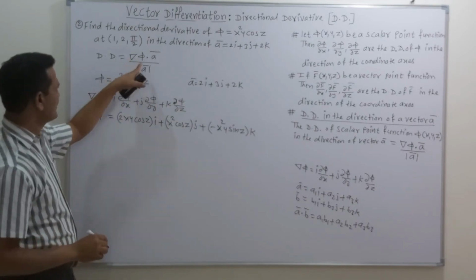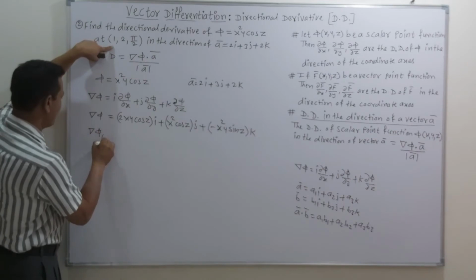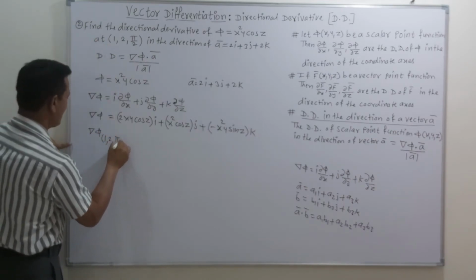Now, friends, find the gradient of phi at the point 1, 2 and pi by 2.